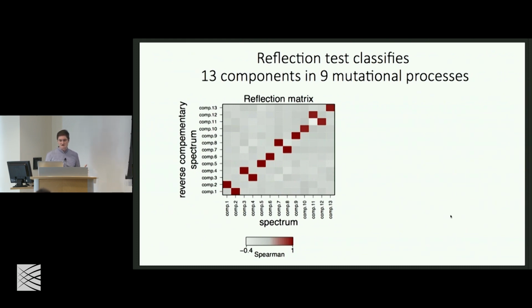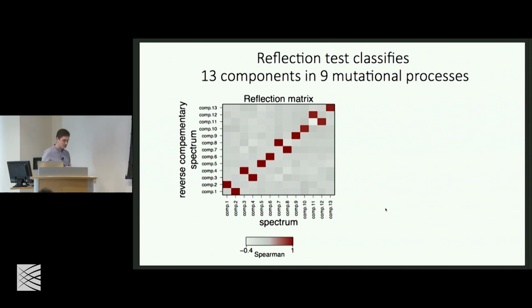So basically this picture immediately classified components into pairs of components that correspond to one strand-dependent process and components that correspond to strand-independent processes.